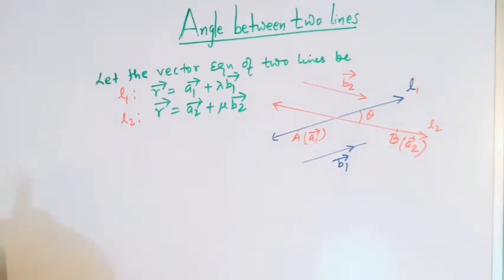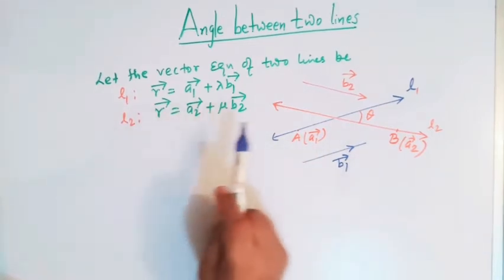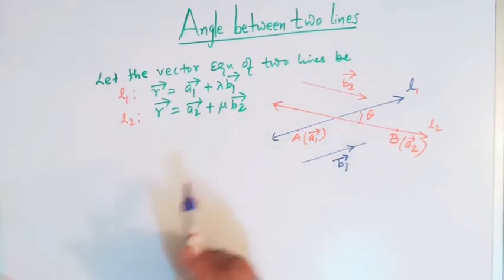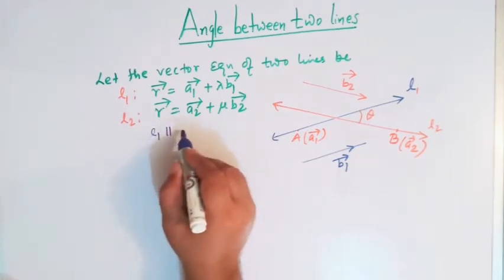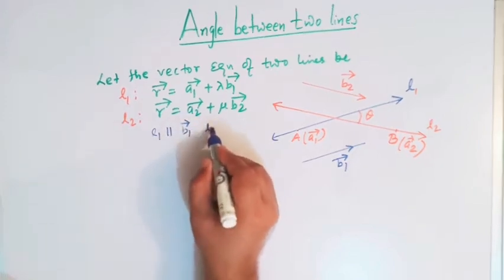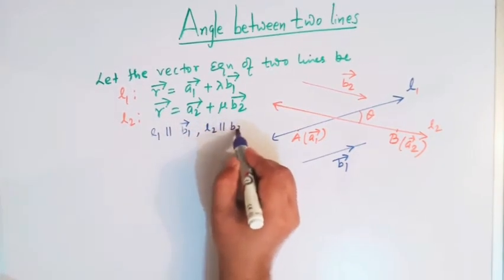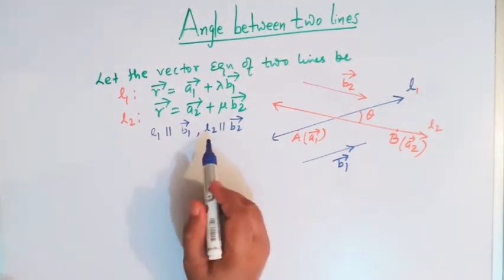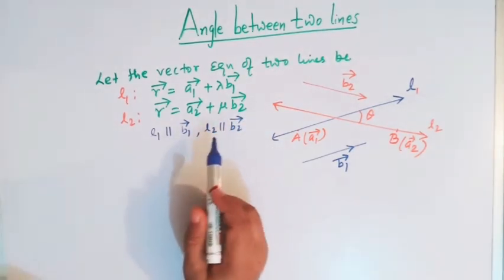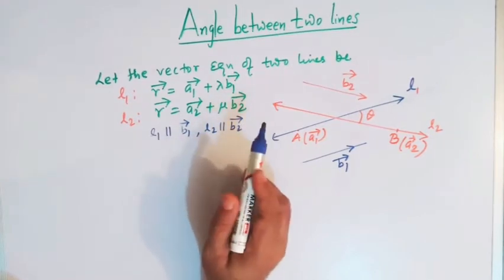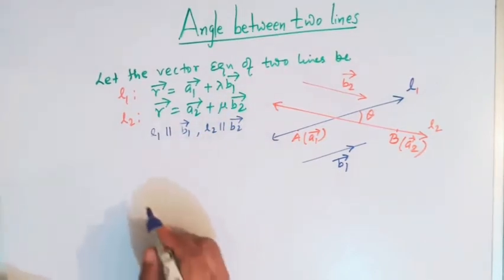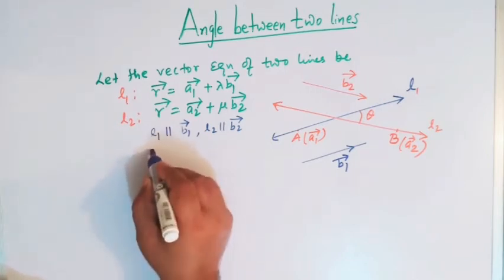Okay, now our aim is to find the angle between these two lines. Now L1 is parallel to vector b1, and L2 is parallel to vector b2. Since these lines are parallel to b1 and b2 respectively, the angle between these two lines must be equal to the angle between b1 and b2, right?